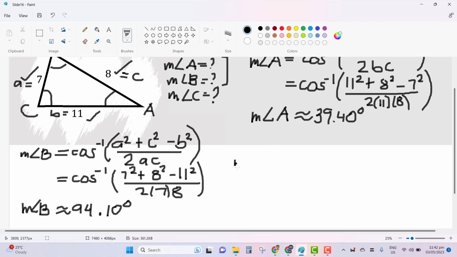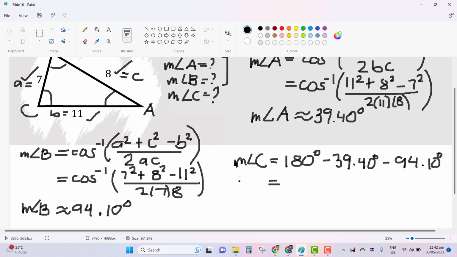Finally, for the measurement of angle C, we will just subtract the two solved measurements of angles from 180 degrees to assure a triangle. 180 less 39.40 degrees minus 94.10 degrees.